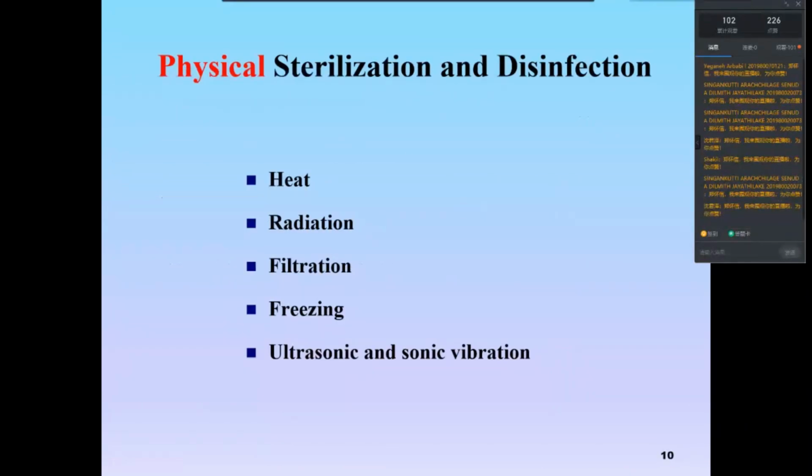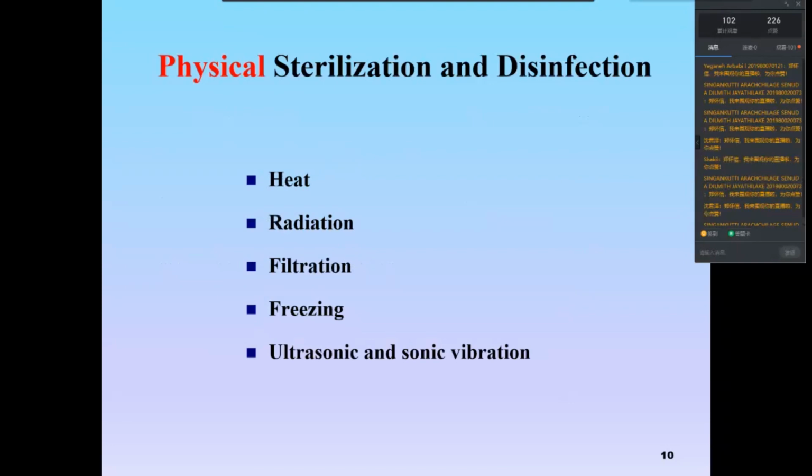And to achieve sterilization and disinfection, we can use either physical or chemical procedures, or physical or chemical agents. First, we'll talk about different physical factors we can use. We'll talk about heat, high temperature.